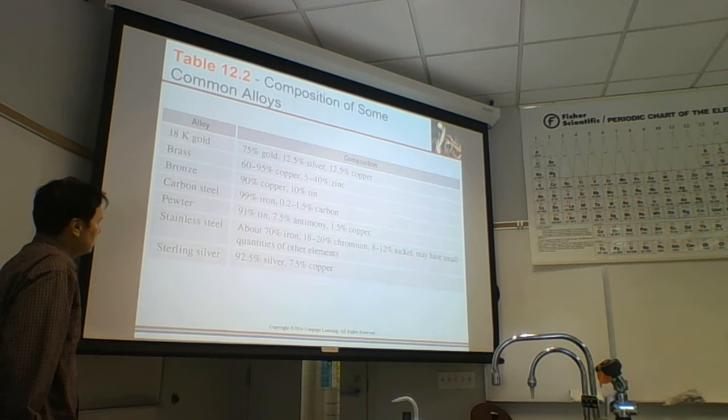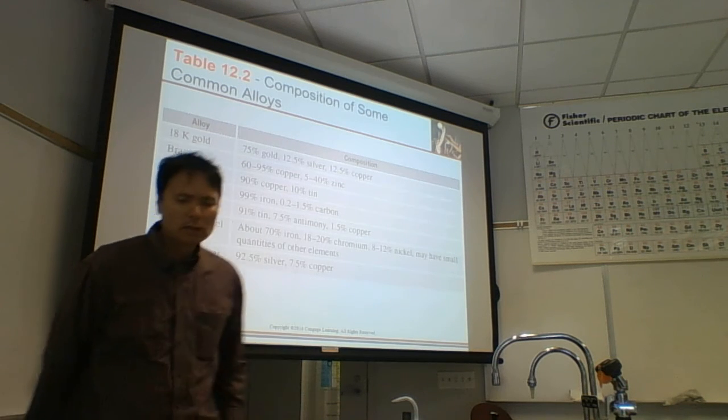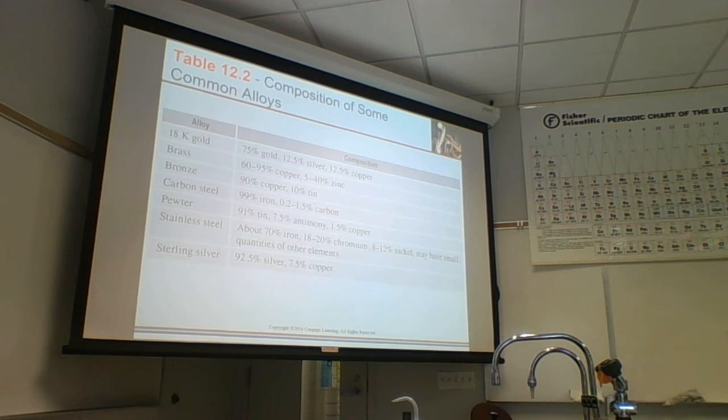So stainless steel is much better as far as quality goes than plain steel, carbon steel. Sterling silver, 92.5%. But none of those compositions are really fixed, like water, you know, or sodium chloride, or whatever else. You know, these all have variable composition. And so alloys are just physical mixtures of metals.